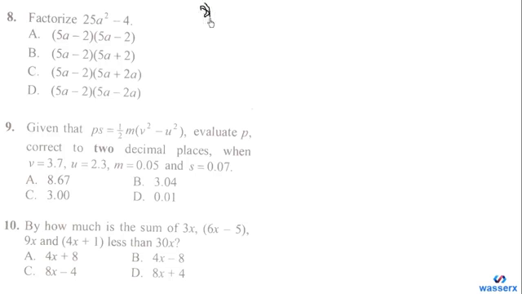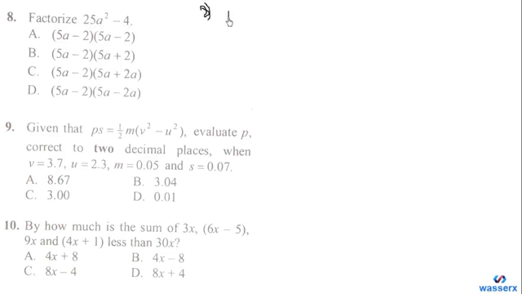So 25a squared can be rewritten as 5a all squared, because 5a all squared is equal to 25a squared. Then the 4 can also be written as 2 squared.